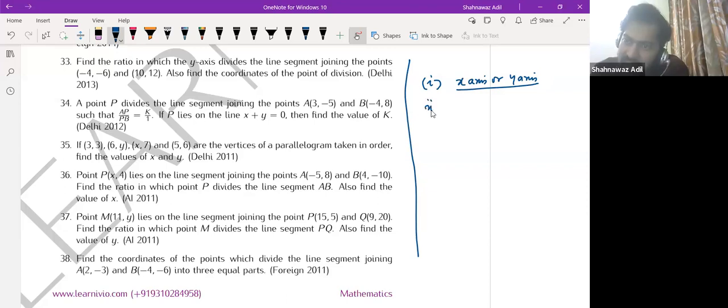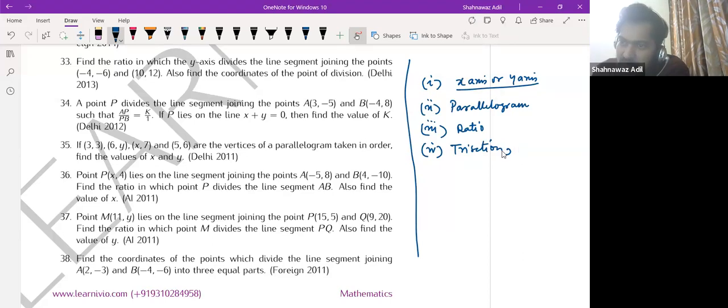Or they will ask you about a parallelogram, or a ratio, or they will give a trisection, let's say, four equal parts.